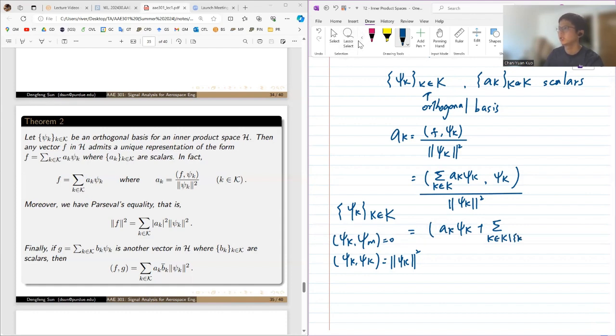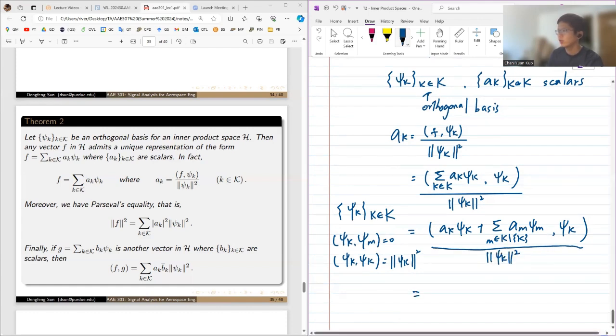Sorry, let me write it in a different way. Here we have m, and this is am and psi m, and this is psi k, divided by the squared norm of psi k.